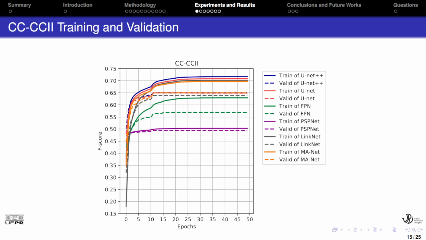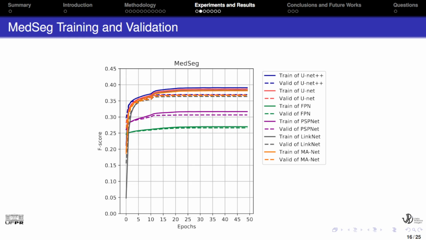Also, with exception of this dataset, all networks achieve close training and validation curves, showing a great generalization capacity. In this second dataset, the networks achieve very low results when compared with other datasets. This happened due to the coarse segmentation masks and trash markings present in the images.